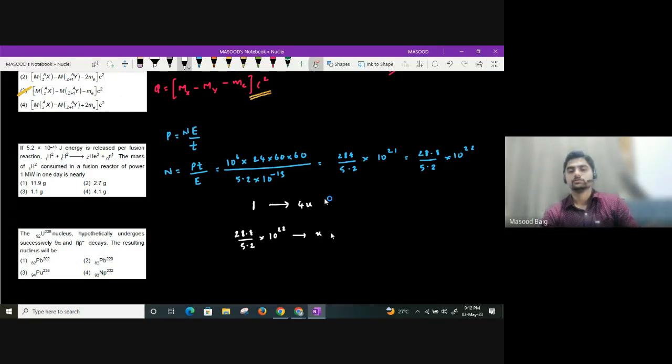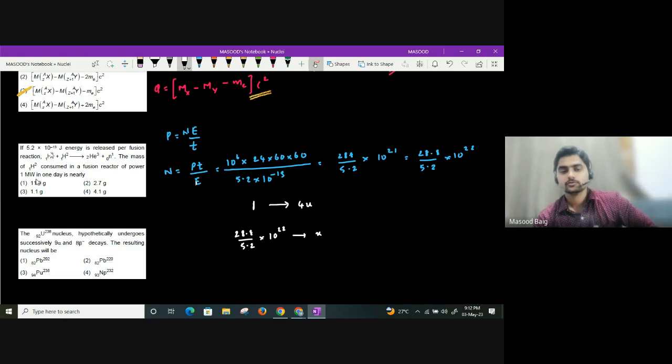Are you getting my point, all of you? First of all, we found the energy released in one fusion is 5.2 into 10 power minus 13 joules. Total power delivered by the reactor is 1 megawatt, in 1 day, so time is 86,400 seconds. Power into time divided by energy gives the number of fusions.